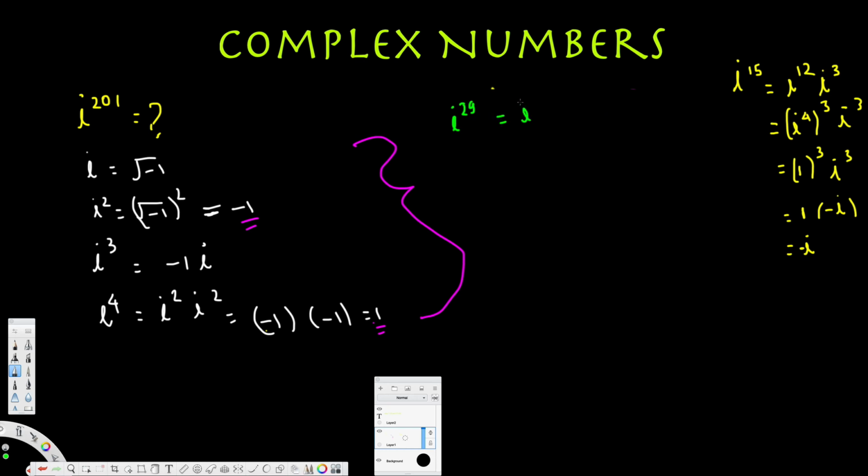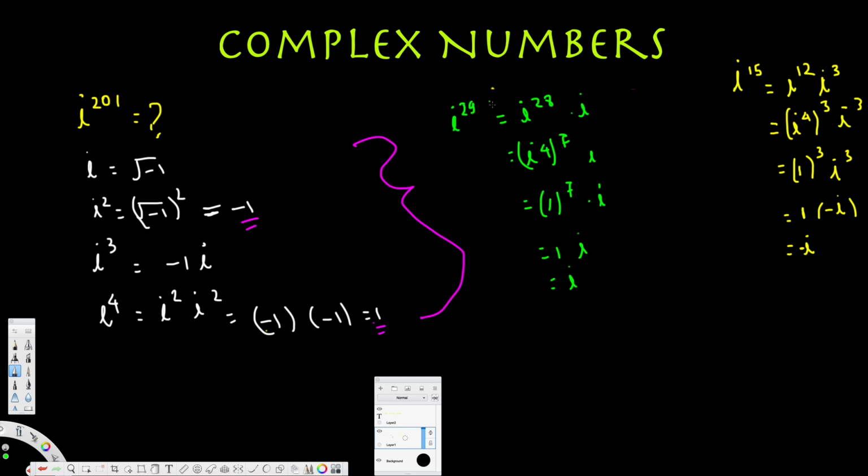I can see it as i power 28 times i. I see it because I have done this already, and 4 times 7 is 28. So i power 4 to the power 7, and 1 to the power 7, 1 to any power is 1, and i remains. So 1 times i, we just get i.